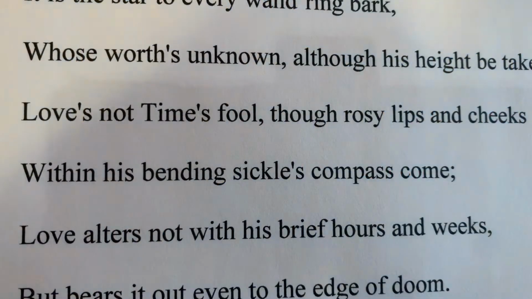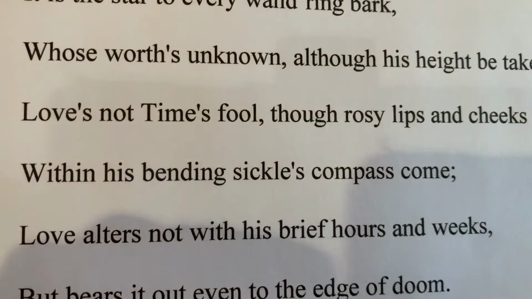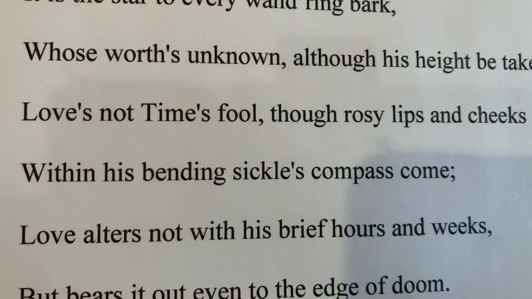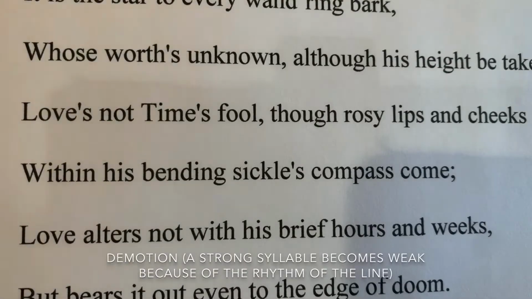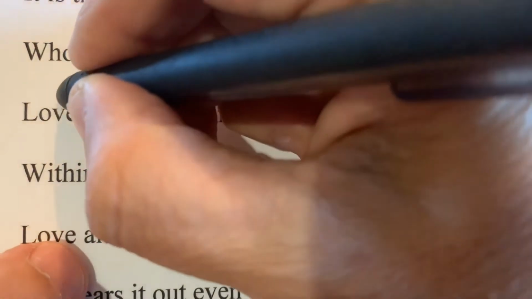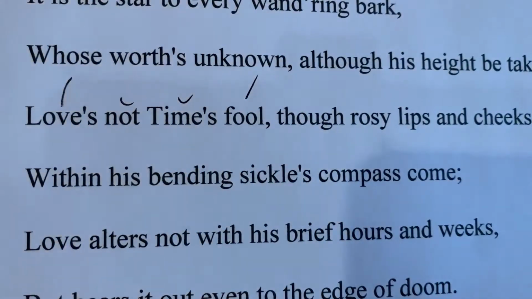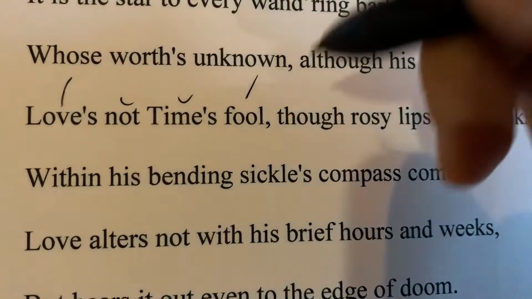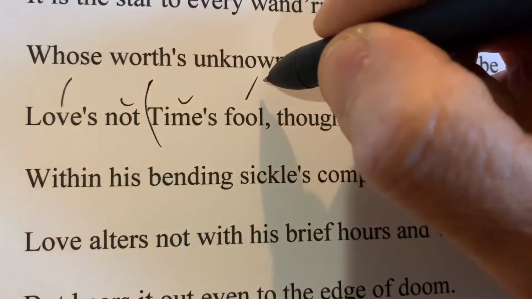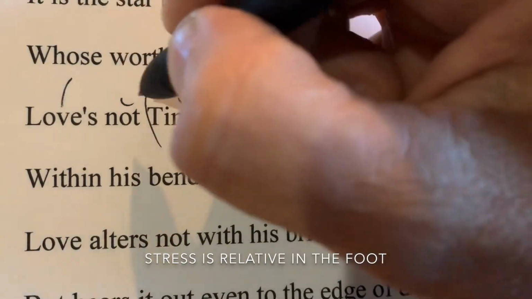We're looking at Sonnet 116 for these examples. We can hear that trochaic inversion with some demotion that we talked about earlier. Love's not time's fool. You can see that, remember, stress is relative.